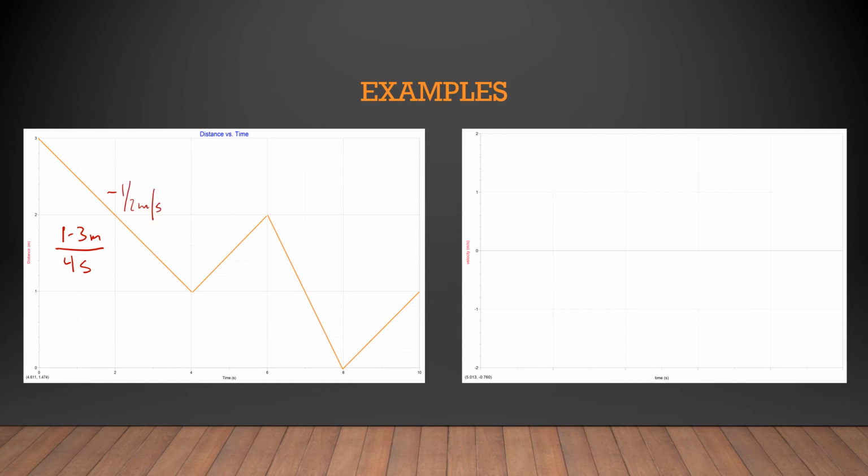So let's draw that in here: negative 1/2 for the first 4 seconds. Here now we had a change of +1 over 2 seconds. That means we have the same absolute value for the slope, but opposite sign. So we're going to go up here for those next 2 seconds.